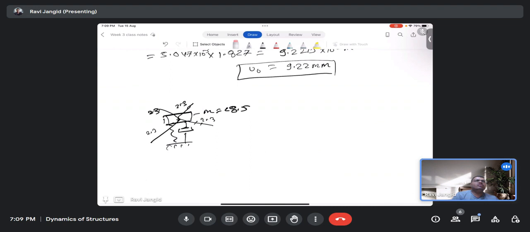If we want to test some structure with a dynamic force, we need to give a frequency to the system. So we can produce that frequency with the unbalanced mass. You can generate the vibration in any system using this unbalanced mass.